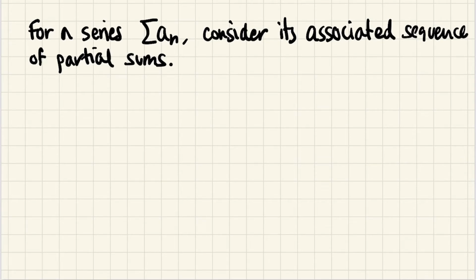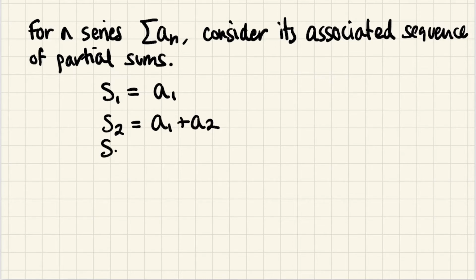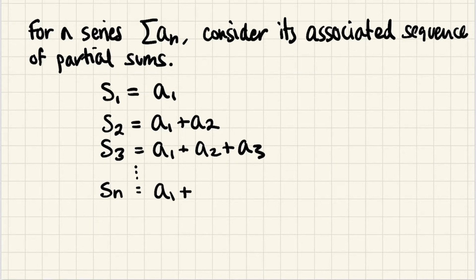So that creates a new associated sequence. For instance, we could say S1 of this new sequence is just the first term, a1. S2 is a1 plus a2. S3 is a1 plus a2 plus a3. All the way down, keep going. The general term would be the nth partial sum, which would be a1 plus a2 plus a3 plus dot dot dot, all the way up to and stopping at a_n, adding those together.